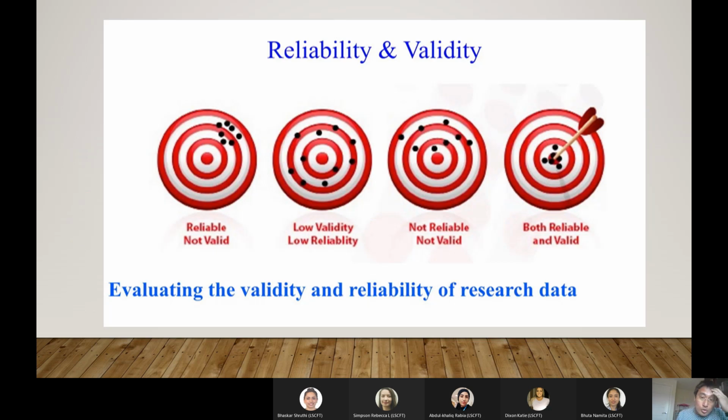This is a concept which took me a bit of time to understand: reliability and validity. From the picture, what do you make of reliability? Does anyone want to give a shout? It gives you a similar result every time you test it.